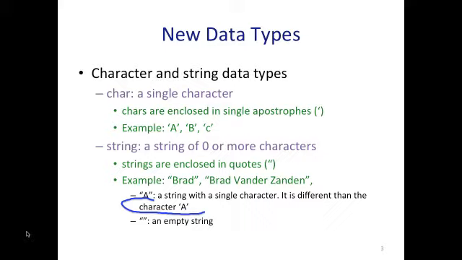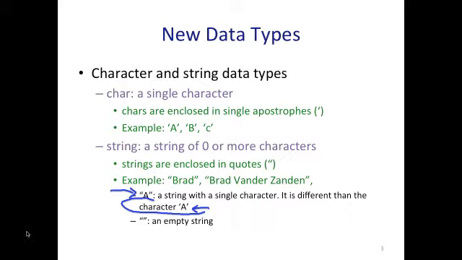A single character A has single quotes around it. This single character A could be assigned to a char variable, but not to a string variable. Similarly, this string could be assigned to a string variable, but not a char.